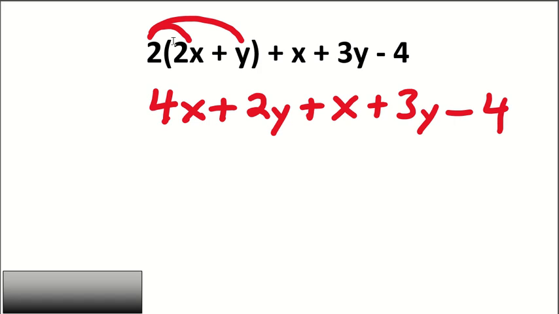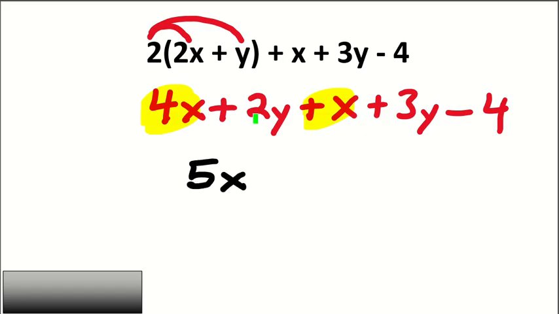Okay, now, I wonder how many terms we have now. We got 1, 2, 3, 4, 5. 5 terms. And let's go ahead and combine what we have. Okay, so, oops, I just used the eraser, my bad. I have 4 x's, and I add another x. How many x's do I have? I have 5 x's.